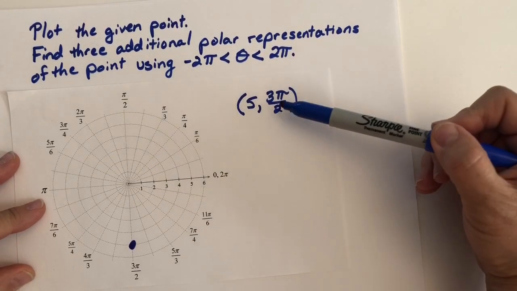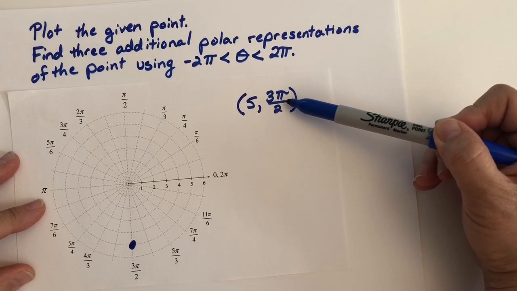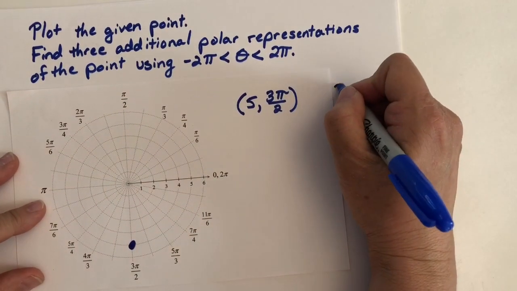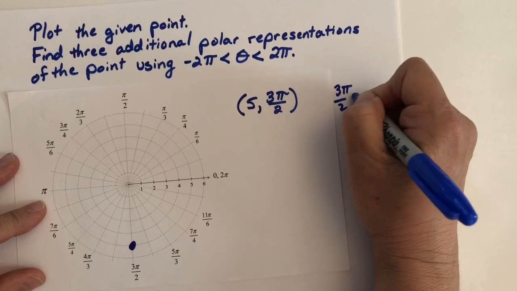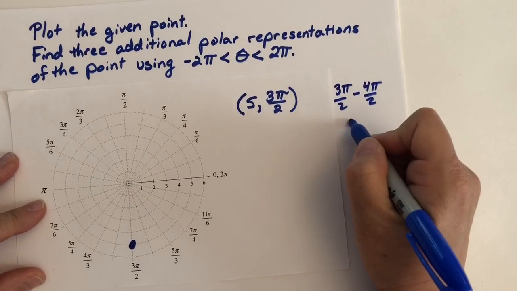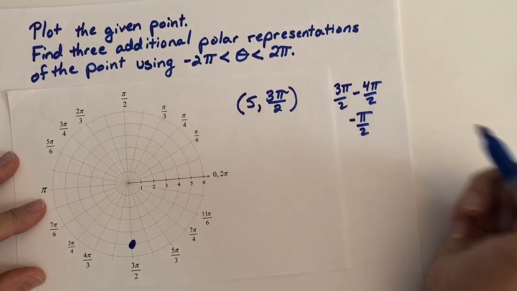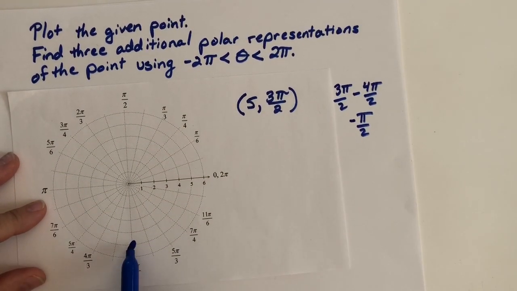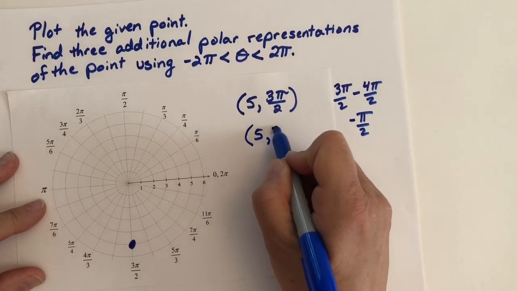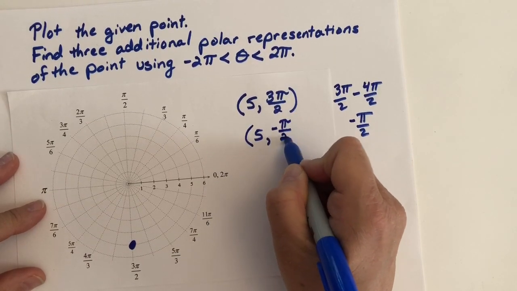So if we subtract 2 pi from 3 pi over 2, we can do that right here. 3 pi over 2 minus 2 pi. Let's think of it as 4 pi over 2. We would get negative pi over 2. So another representation of this point would be 5, negative pi over 2.